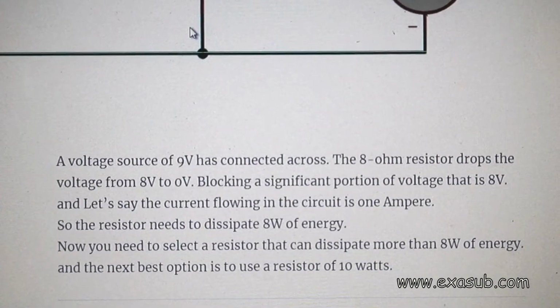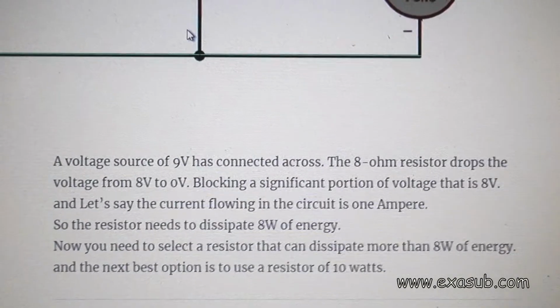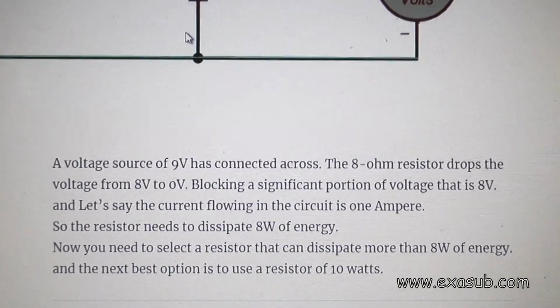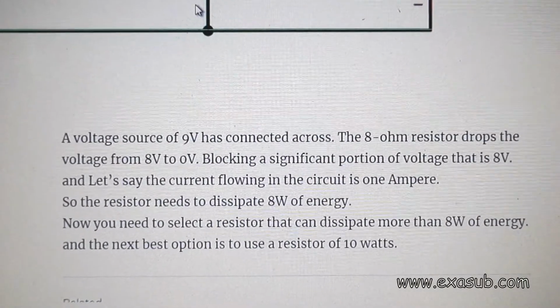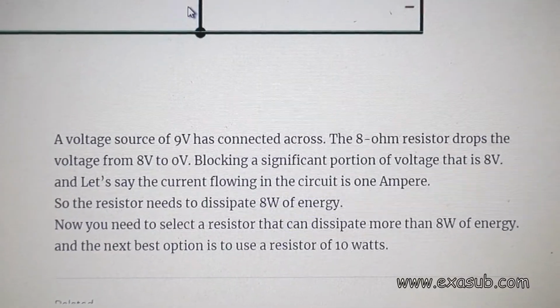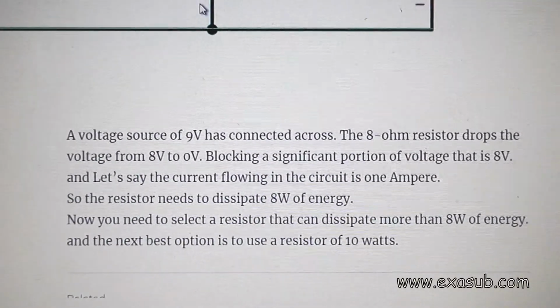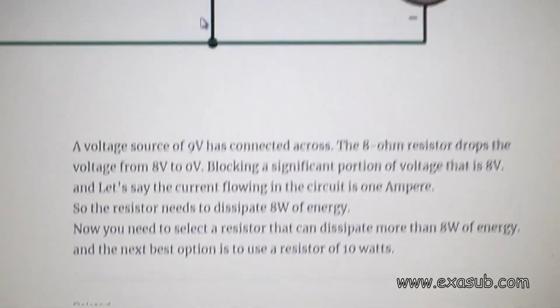Let's say the current flowing in the circuit is 1 ampere. So the resistor needs to dissipate around 8 watts of energy. Now you need to select a resistor that can dissipate more than 8 watts of energy, and the next best option is to use a 10 watt resistor.